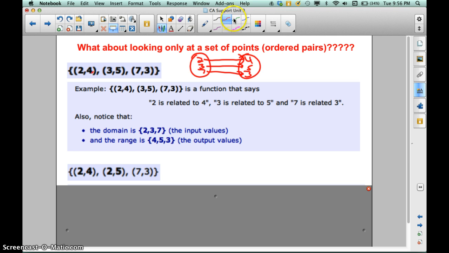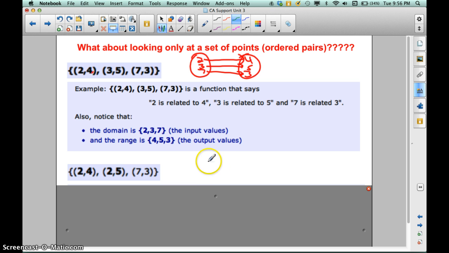If you look at this set of ordered pairs, 2 goes to 4, 2 goes to 5, and 7 goes to 3. I'm saying goes to, sometimes you'll hear maps to. The relationship, whatever the operation is, it's telling you that 2 points to 4.